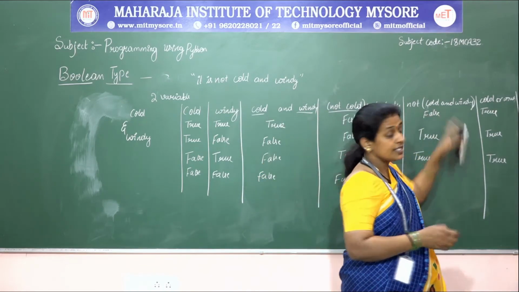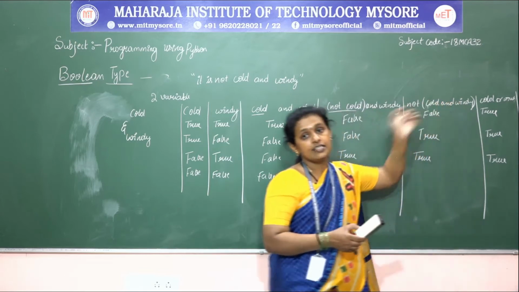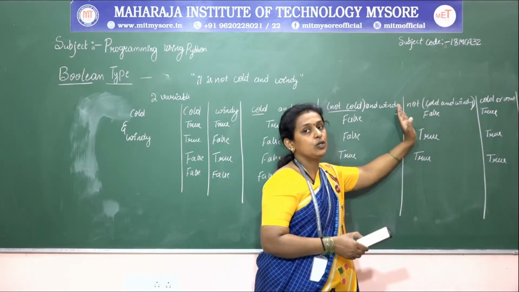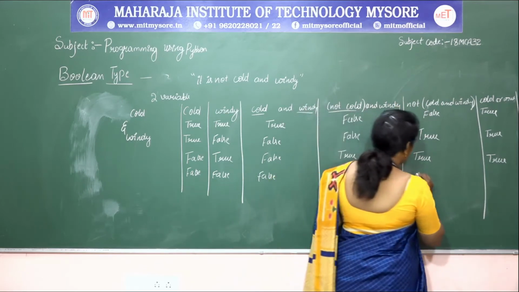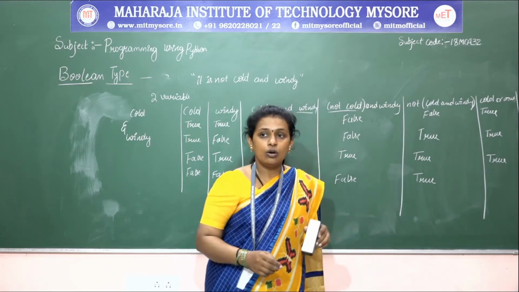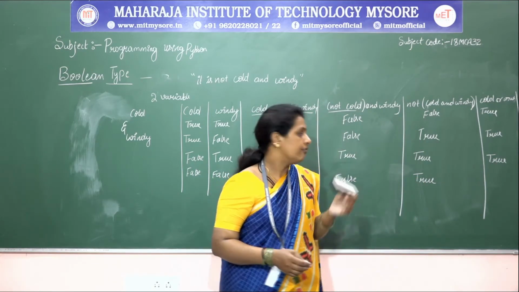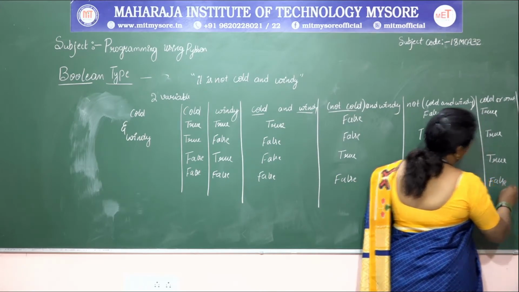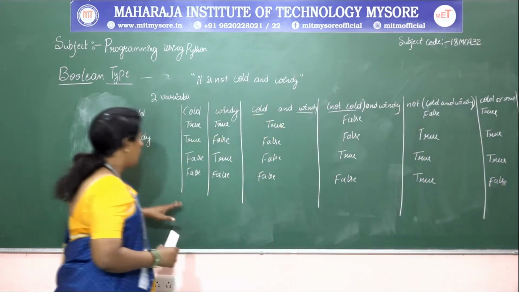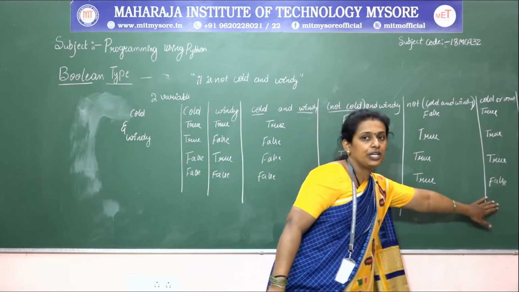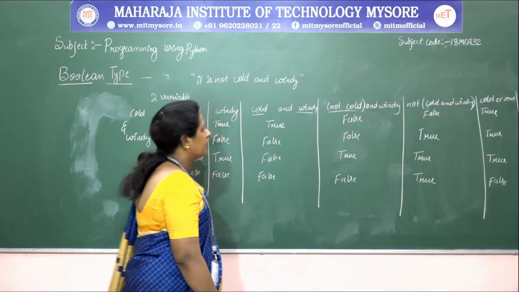With respect to this we get the output as false, but when we pass that value to a NOT operation, we get the output as true. With respect to cold or wind, we get the output as false because both operands are false. Okay.